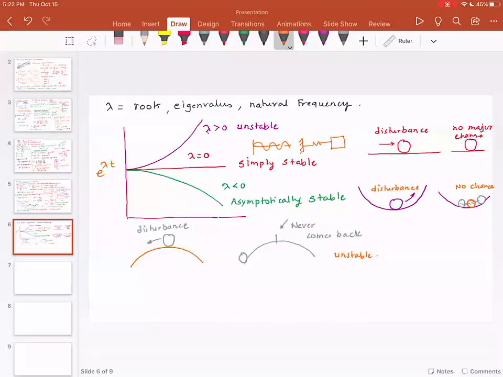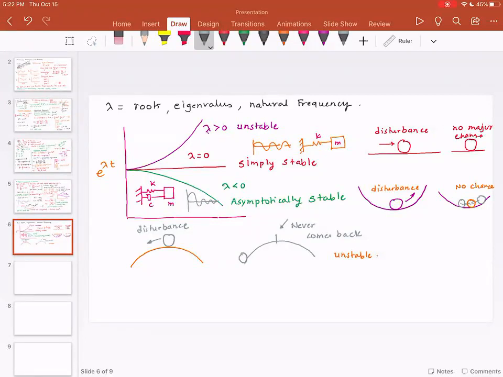So you have mass and you have stiffness. Asymptotically stable system is where you have spring, you have mass, and you have a damper. So you have K, you have C, and you have M. Since the system is asymptotically stable, the oscillations will decrease and then die down over a period of time.